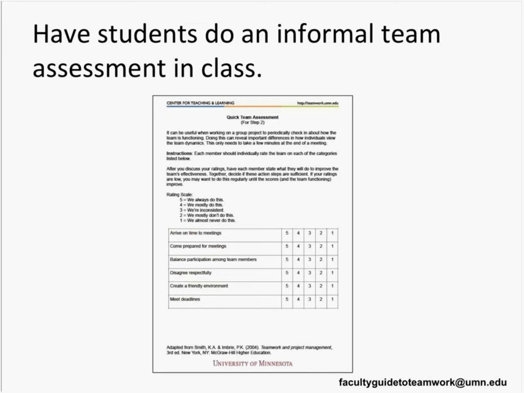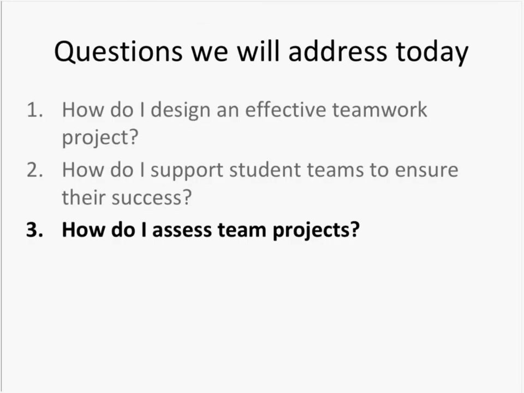Do we arrive on time to meetings? Do we come prepared for meetings? Each team member can fill this out, and then they can discuss together what different people said, and then they can make changes based on things they need to improve on, and also talk about their strengths and make sure they keep doing them. So that's it for supporting teams.